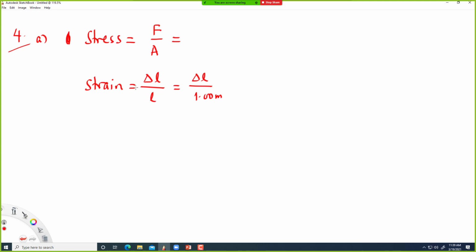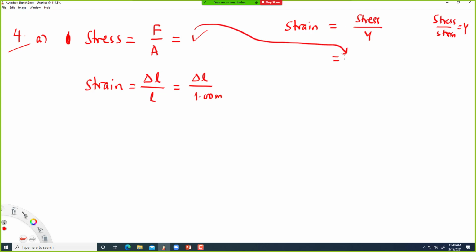To find strain, we know stress over strain is Young's modulus. So strain would be stress over Y, rearranging the terms. So you have stress from here, and this Y is given.